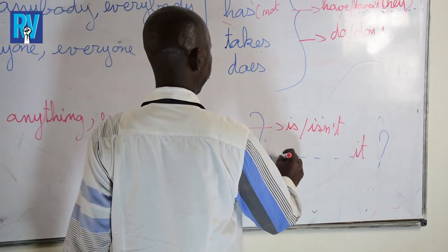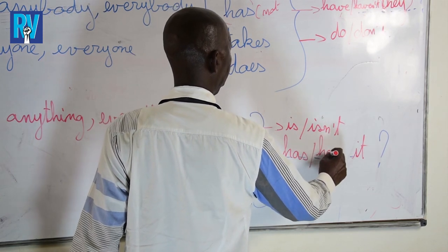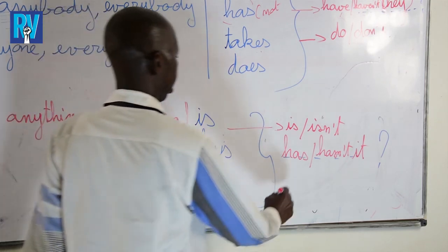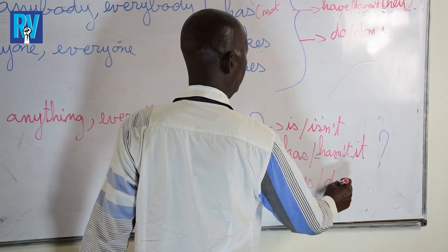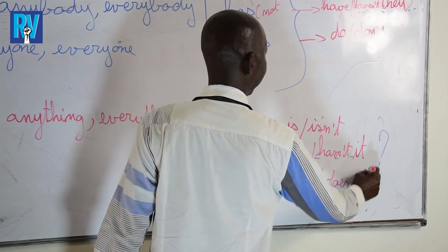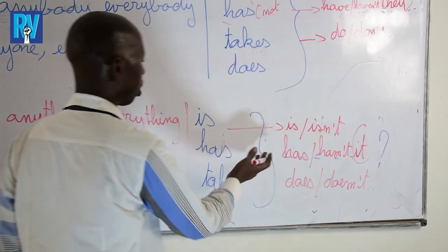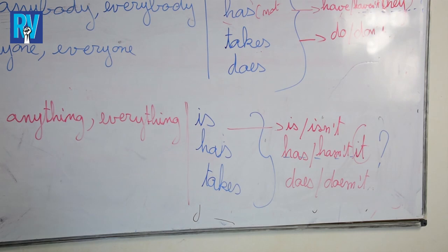And here we'll have has it or hasn't it? And here we'll have the third person, does it or doesn't it? Parce qu'il n'y a pas de problème ici. Nous avons toujours la troisième personne. Third person, third person. So there is no problem here.